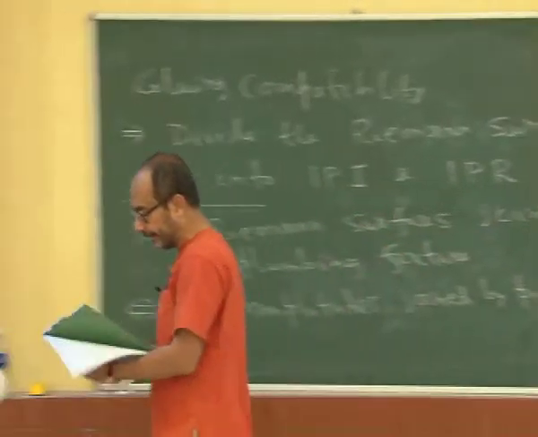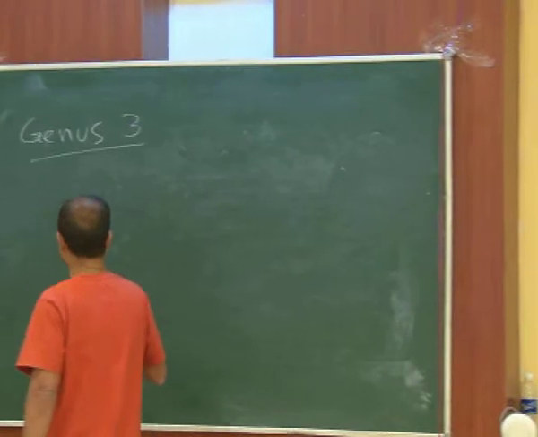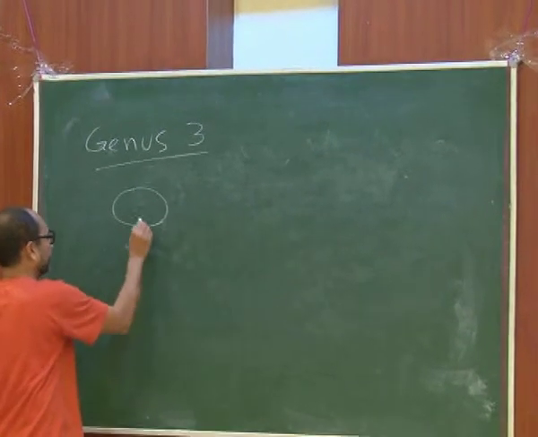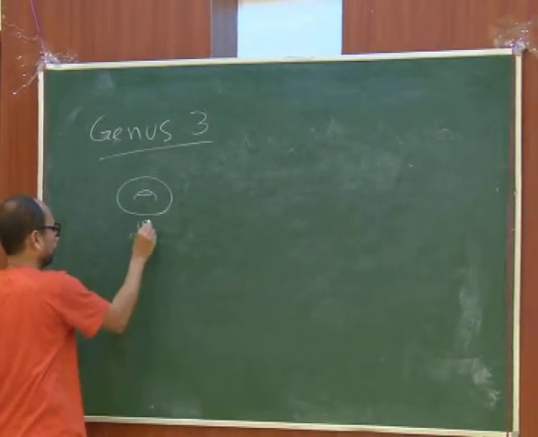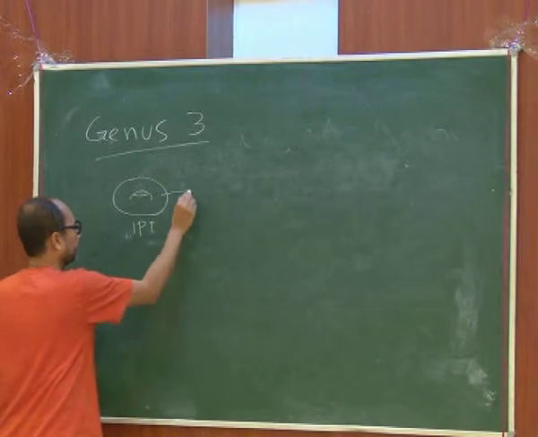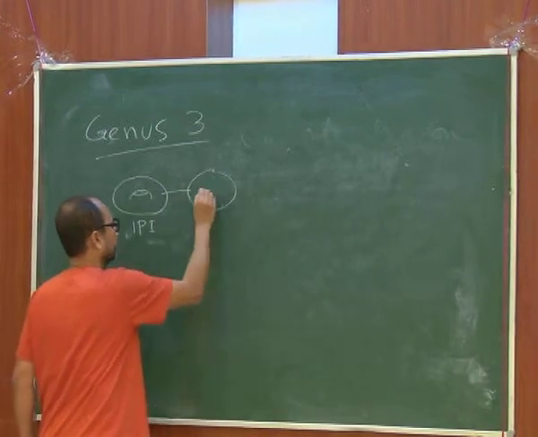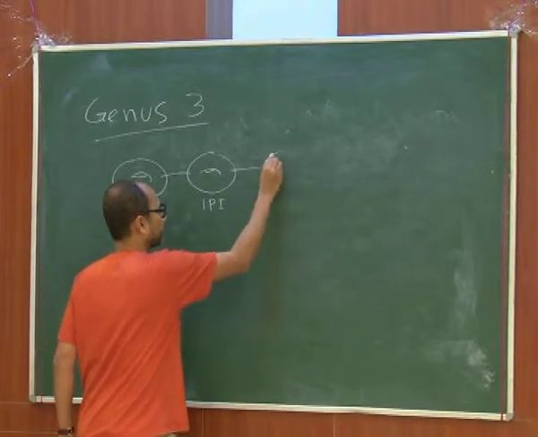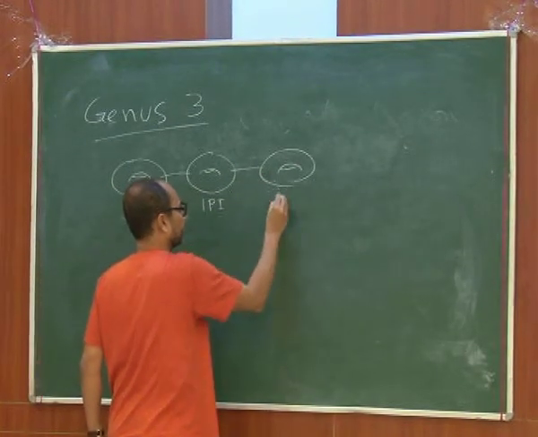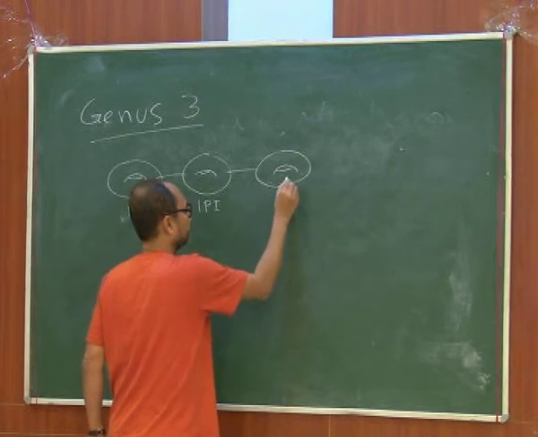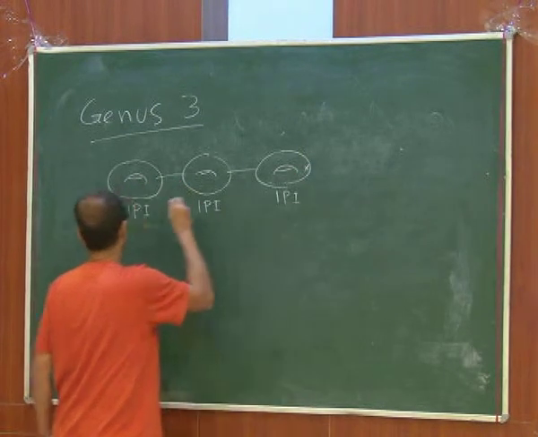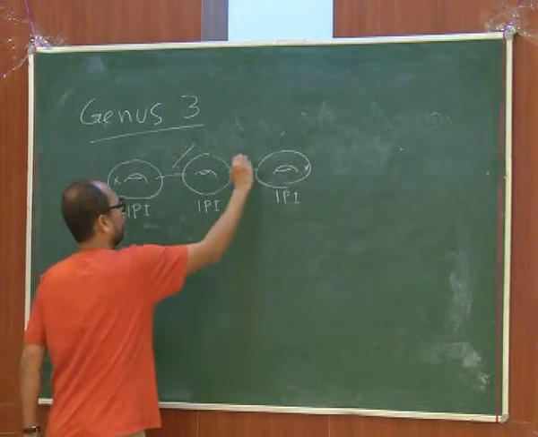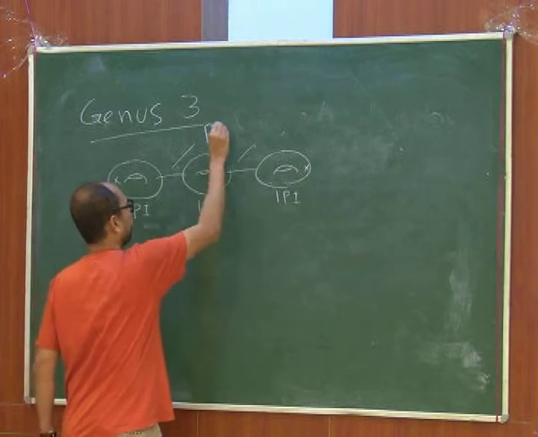Okay, so for genus 3, you can get it in different ways, right. You can get, for example, a genus 1 1PI, with a genus 1 1PI, which in turn is connected by a genus 1 1PI. Okay. This now represents the effect of plumbing fixture.